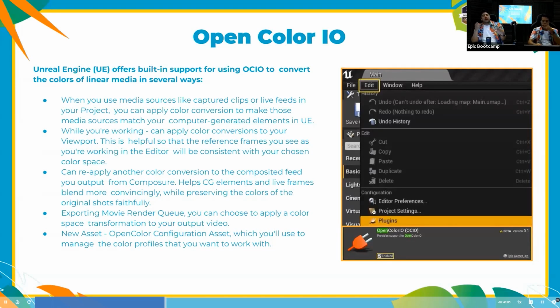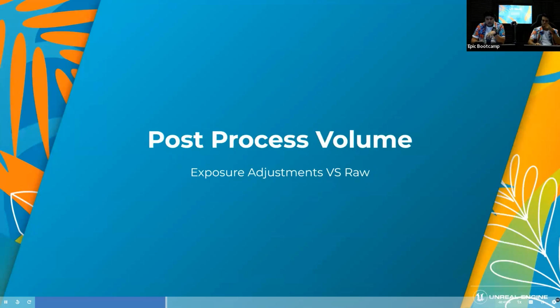But this is why we have a later adjustment of the exposure and tone mapping inside the pipeline. OCIO does something very similar. It takes the raw information of the cinematics, and then you're able to modify it outside the engine, but it comes enabled by default.